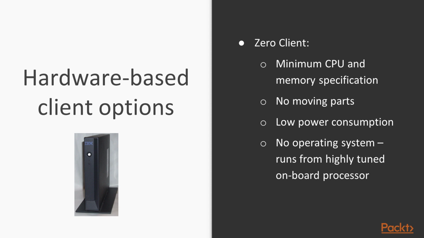Basically, it has everything embedded on silicon, as it says, on a highly tuned onboard processor. So for VMware, this would be a PC over IP based solution, and it would be running one of the Teradici Tera based hardware chips. So it's perfectly optimized for running that particular profile of graphics and doing it in hardware and not in software.